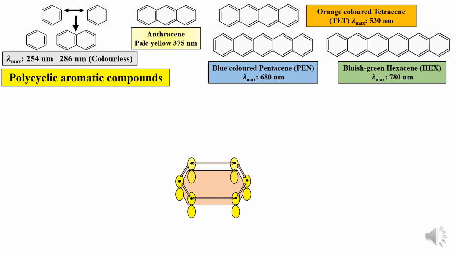Each carbon atom of the benzene ring has a p orbital with an odd electron in it, and these p orbitals on adjacent carbon atoms undergo sideways or parallel overlapping, and this results in formation of a delocalized pi molecular orbital, and there will be delocalization of pi electrons.